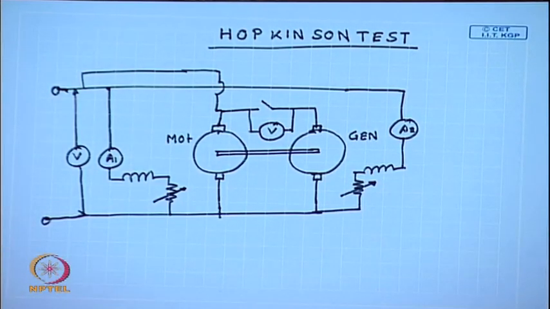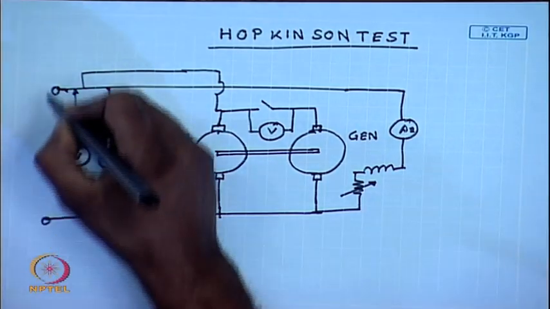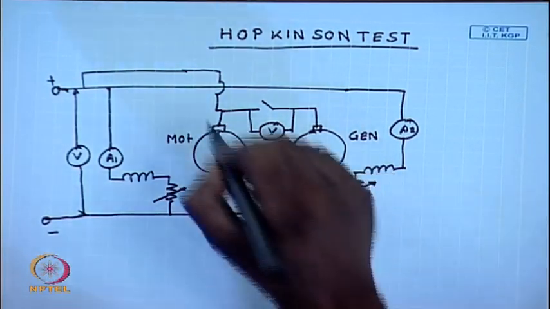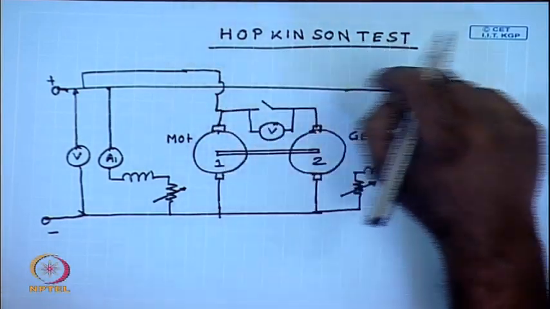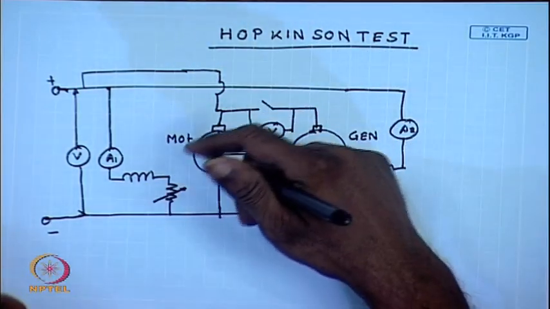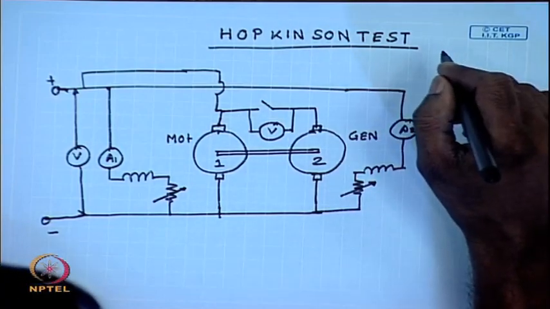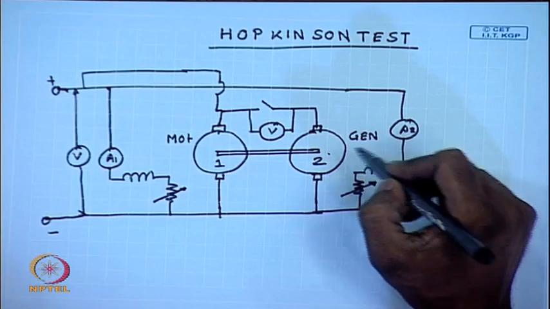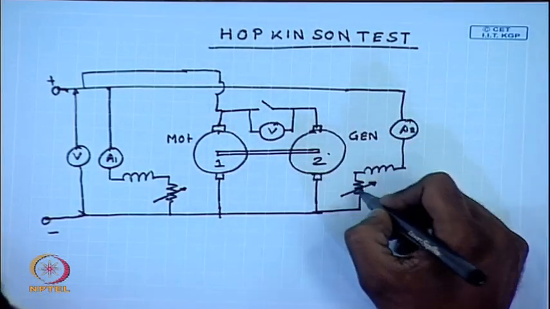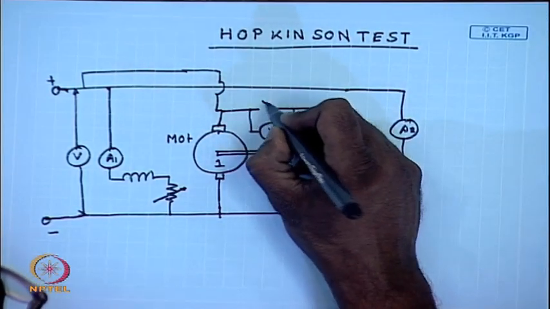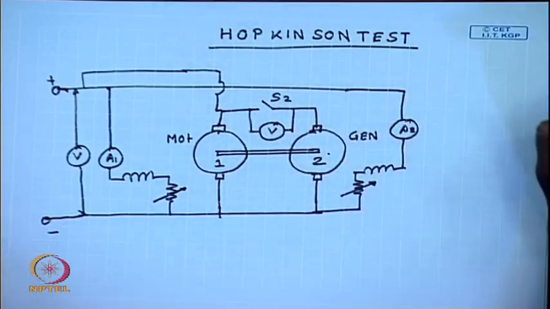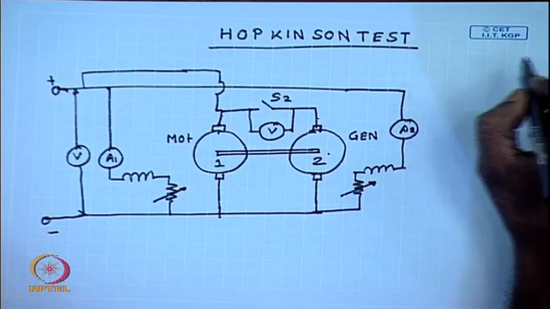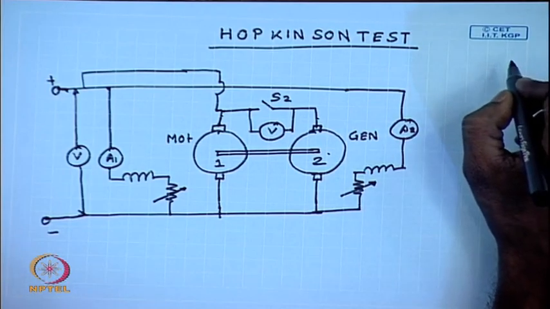So, what we do initially, this machine 1 is started as a motor and brought to rated speed by adjusting the field current. Next, the field excitation of the generator is also adjusted, so that the voltage across this switch S2 has the same polarity and becomes 0.